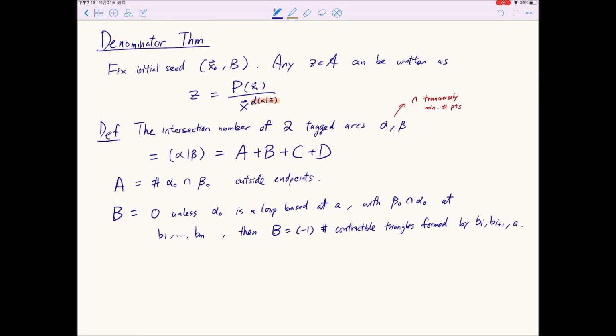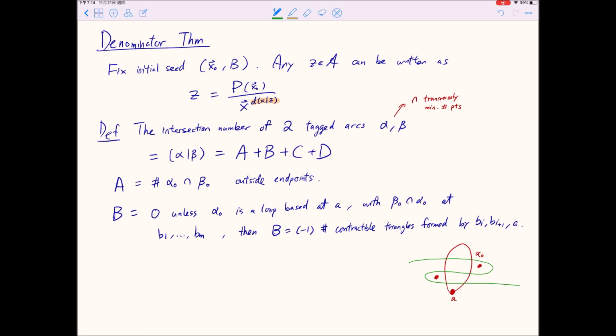So this may look a bit abstract. Let's say I have alpha, which is a loop based at A. And let's say I have some punctures outside. And then I have an arc beta, and let's say it passes through like this.